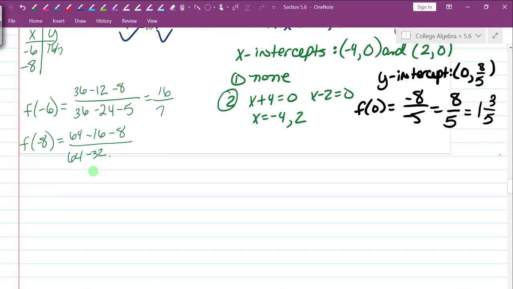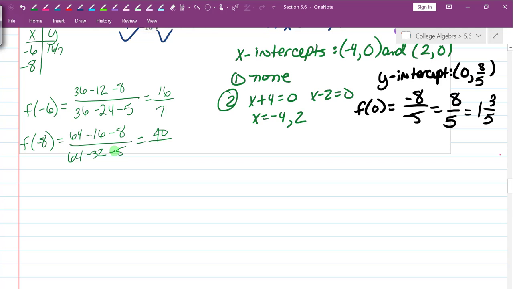I'm going to throw that in my calculator and see what I get. Okay, so 64 minus 16 minus 8 is equal to 40. And then 64 minus 32 minus 5 is 27.